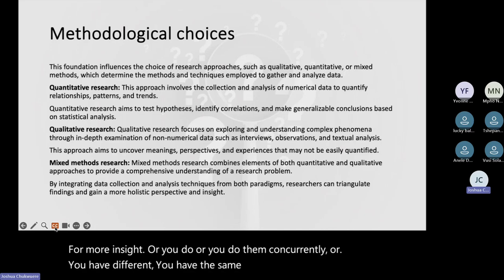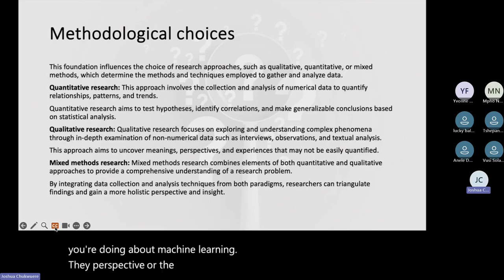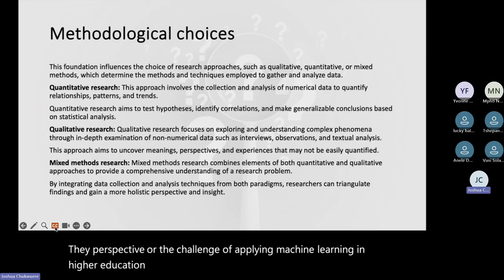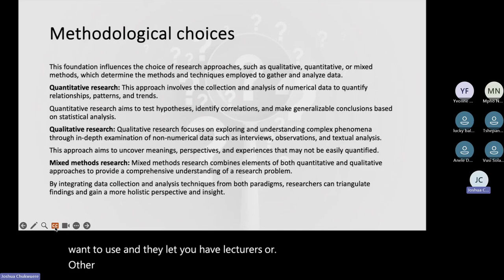Let's say you're doing it about machine learning, the perspective or the challenge of applying machine learning in higher education. Now, in this case, you have students which you want to use. And then let's say you have lecturers or other people in the administrative department.